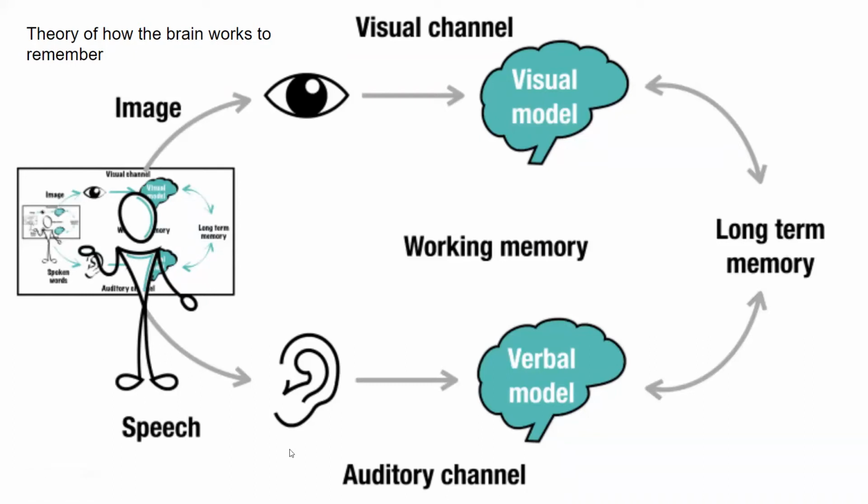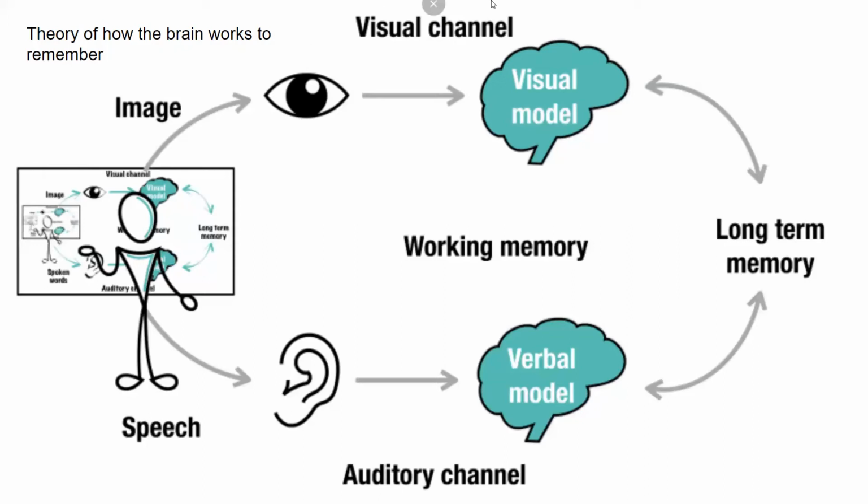Somebody says something, we process it through our sense of hearing. It goes through a verbal processing activity in our working memories, and eventually it lands up in our long-term memory with sufficient repetition and engagement.